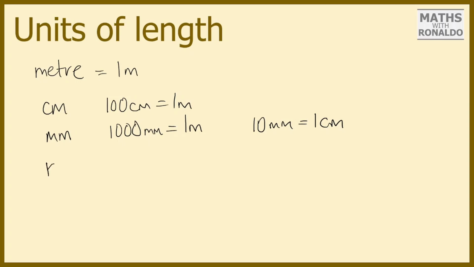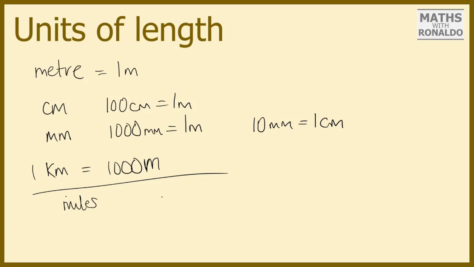We have kilometers, which are 1,000 meters. In addition, we have miles, and generally speaking, we use a rough conversion of 1 mile equals 1.6 kilometers. In addition, we have yards. 1,760 yards make up 1 mile.